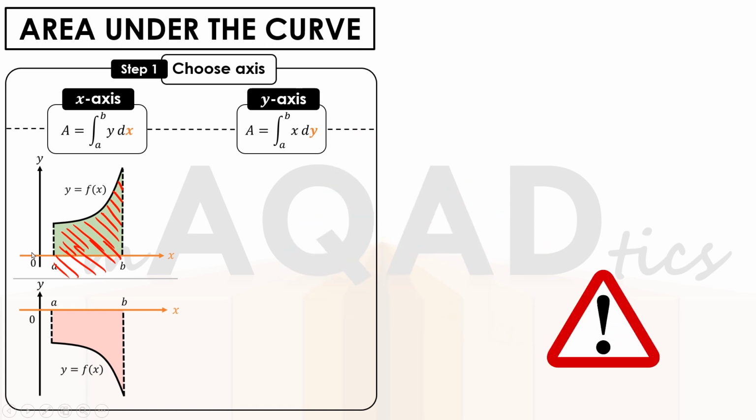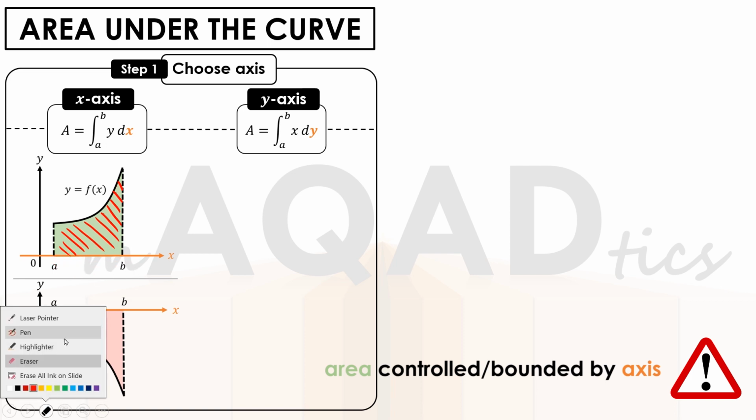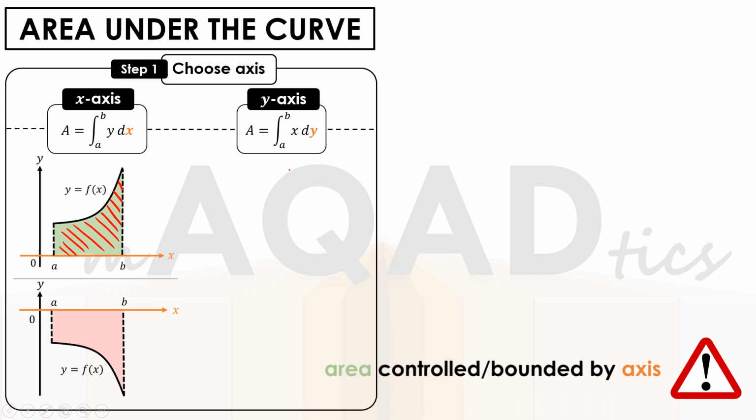But because of this x-axis, it controls or is bounded by this x-axis. So our area can only go this far. Which is why we need to use the x-axis, because this area is bounded by the x-axis, controlled by the x-axis. Same goes to the second diagram as well.